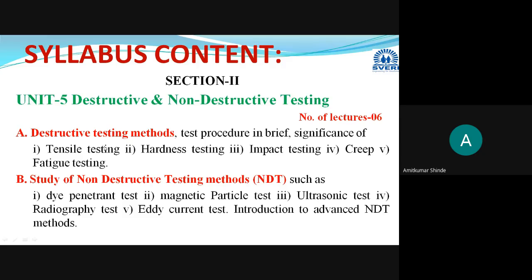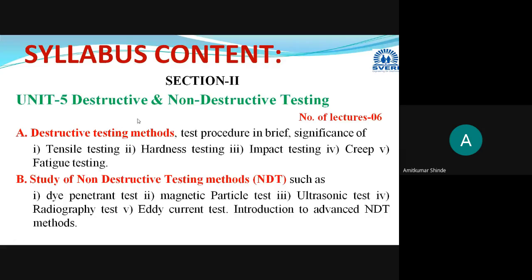In short, this is the meaning of destructive and non-destructive testing methods. Sometimes they may ask you for comparison points between them, and your first point should be the definition, why one is termed destructive and the other non-destructive.